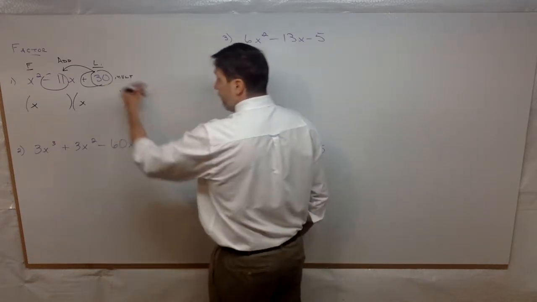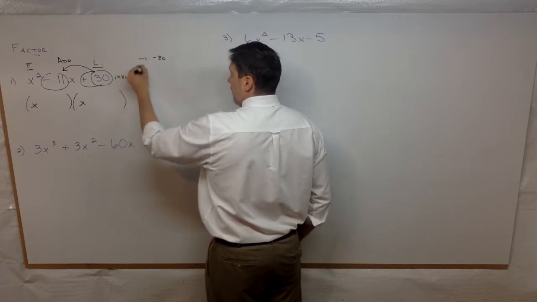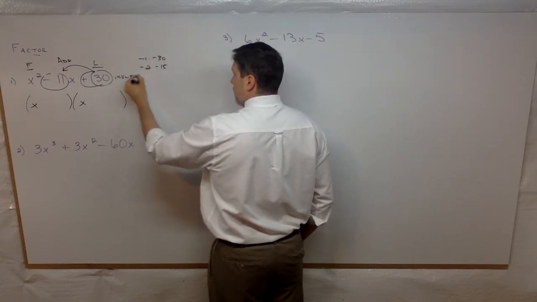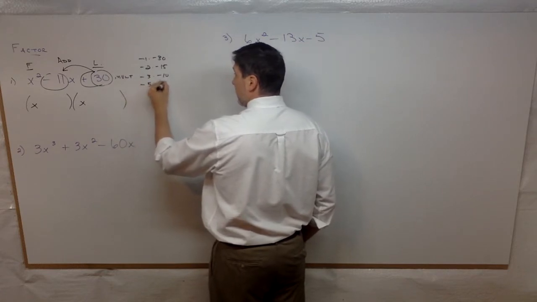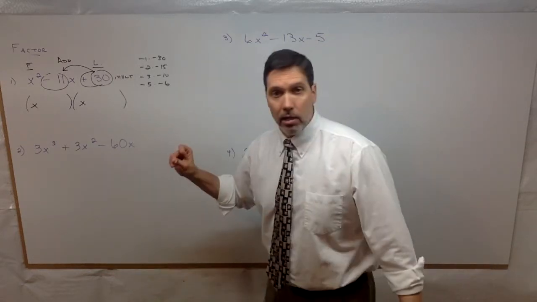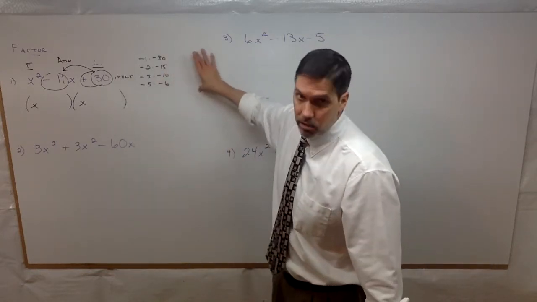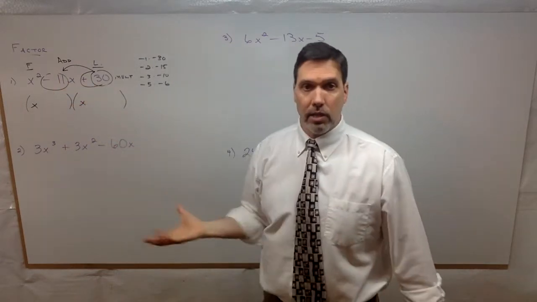Again, you can list out the factors of 30, thinking negative 1 times negative 30, negative 2 times negative 15, negative 3 times negative 10, negative 5 times negative 6. There's 4 potential candidates, right? They all multiply to be positive 30. Now, the reason I'm not writing two positives, as I already said, is they're not going to add up to be a negative. Two positives can't add up to be a negative.